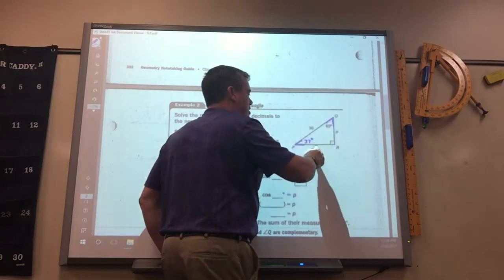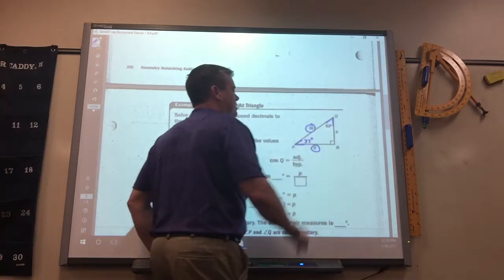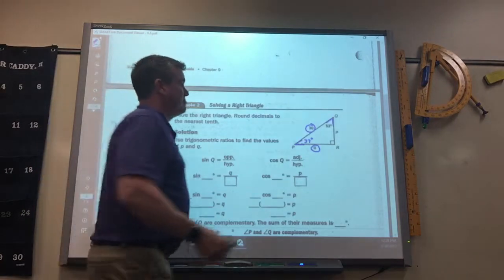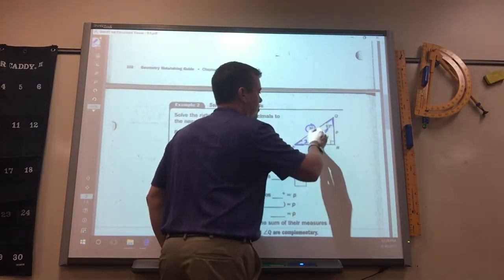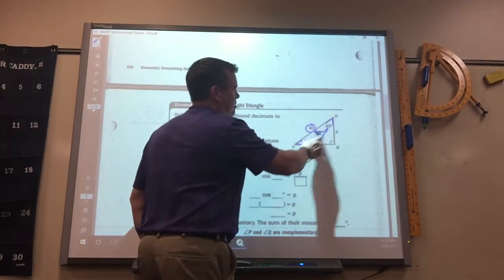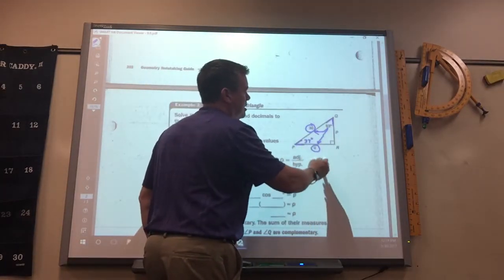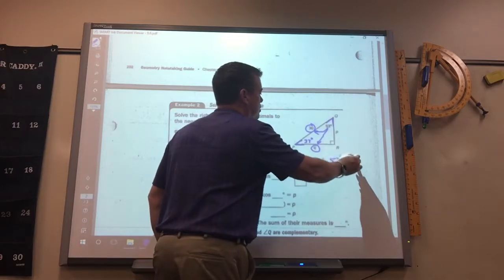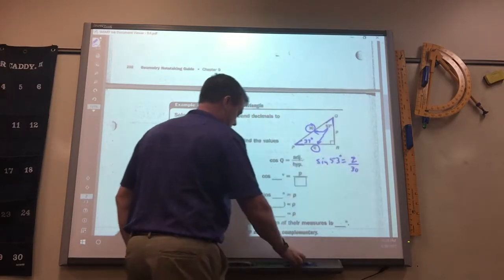Now, if I'm looking for Q, I got to use 30. You use sine, cosine, or tangent? Opposite hypotenuse is sine. Q is opposite, 30 is the hypotenuse. So the sine of 53 equals Q over 30.